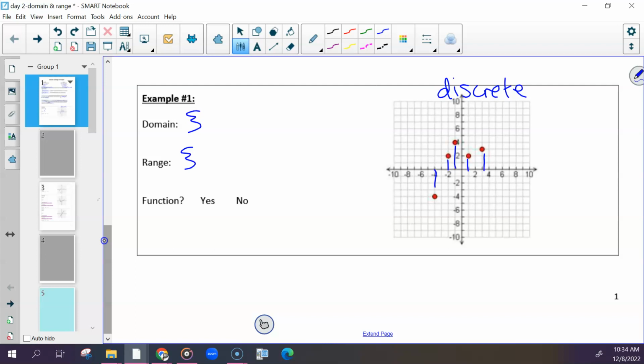How would we write our domain least to greatest with no repeats? What do we think? What would that be? What are our x values least to greatest?